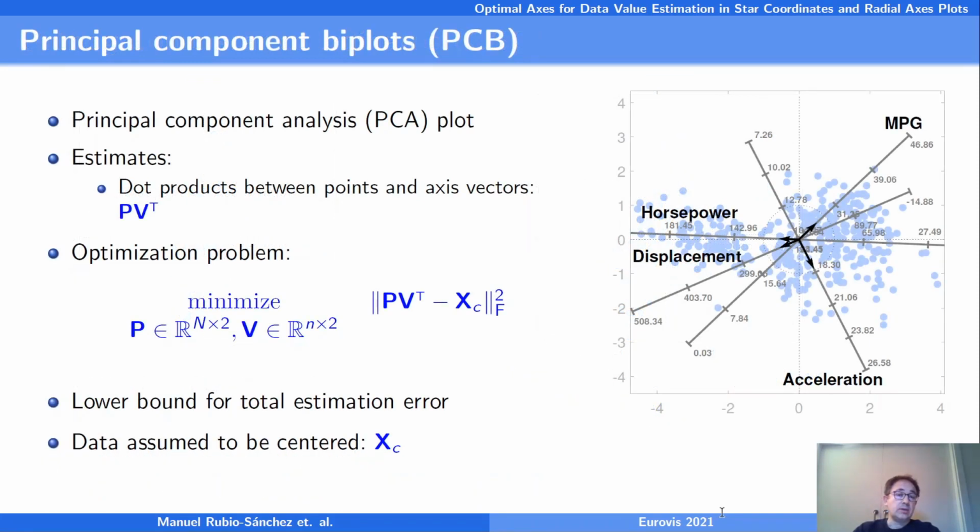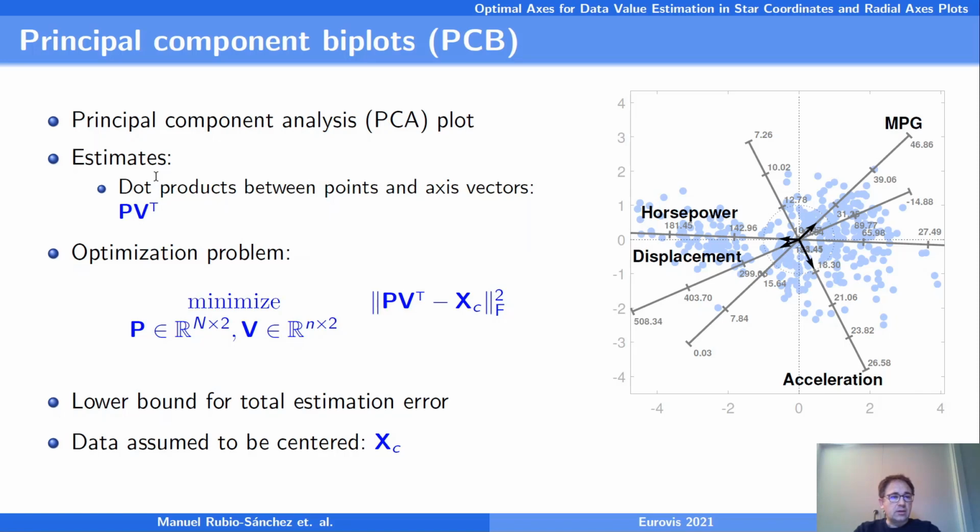Principal component biplots are generalizations of the well-known PCA plot. In biplots, the estimates are dot products between the points and the axis vectors. And these points and axis vectors are obtained by minimizing that optimization problem, where the goal consists of reducing the discrepancy between the estimates and a centered version of your data.